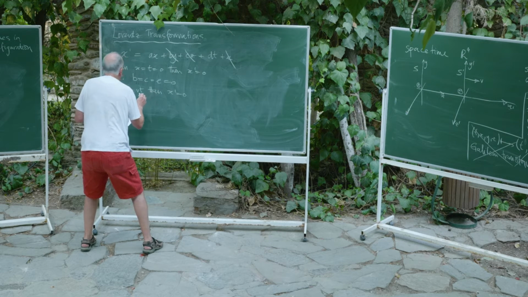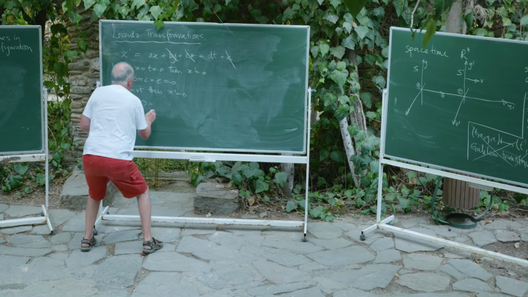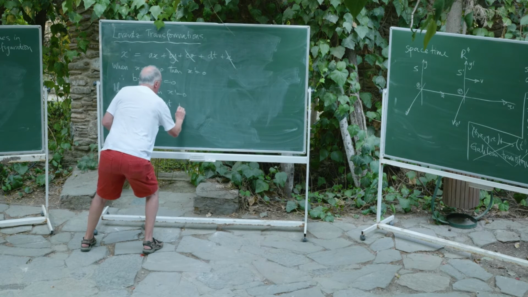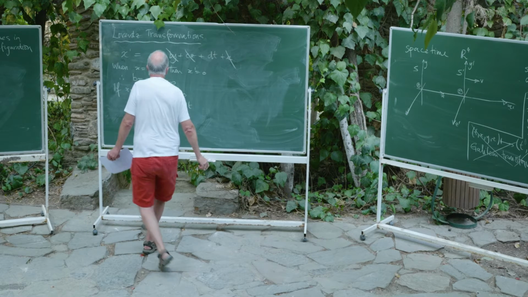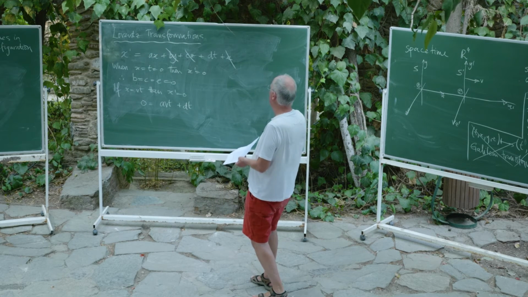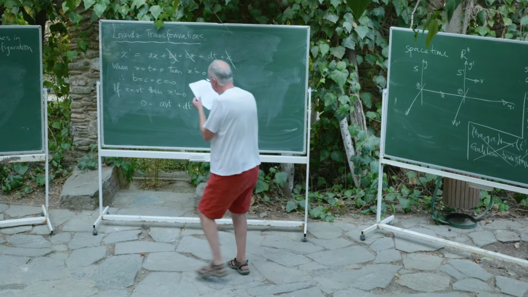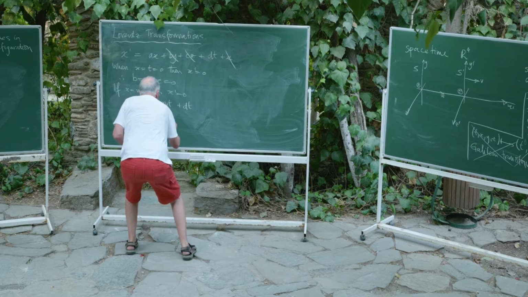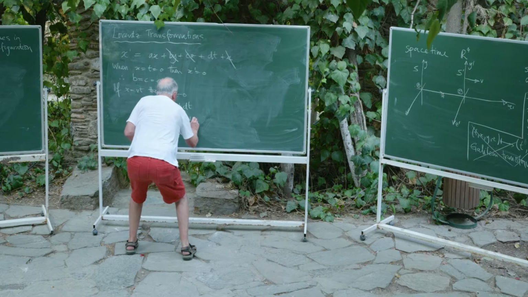Okay, so now you put that into here and that tells you that 0 must be a vt plus dt, right? And therefore d is minus va.